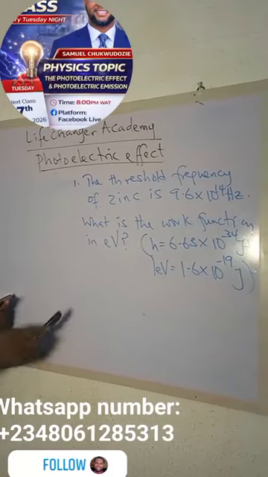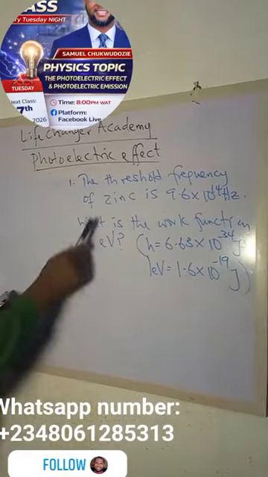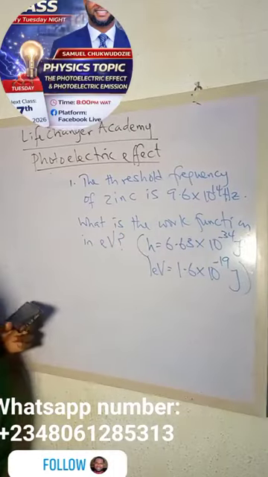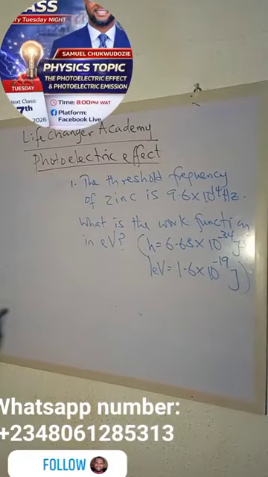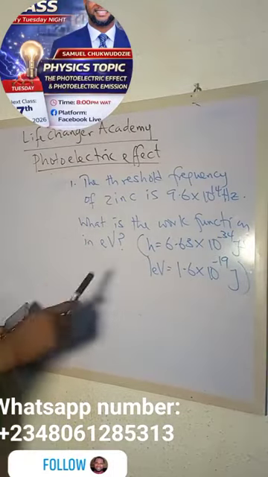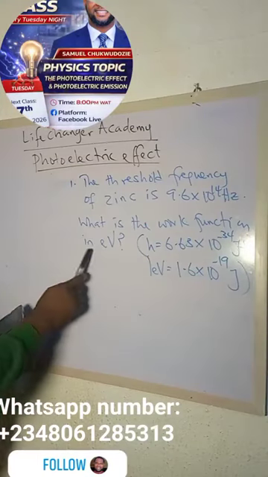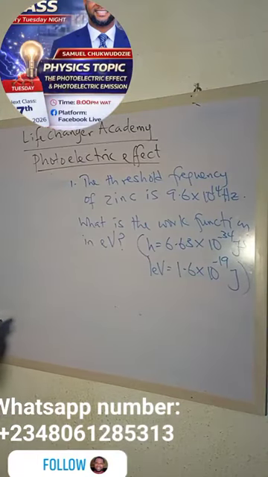It says the threshold frequency of zinc, a metal, is 9.6 times 10 to the power 14. We are asked to find the work function in electron volts.